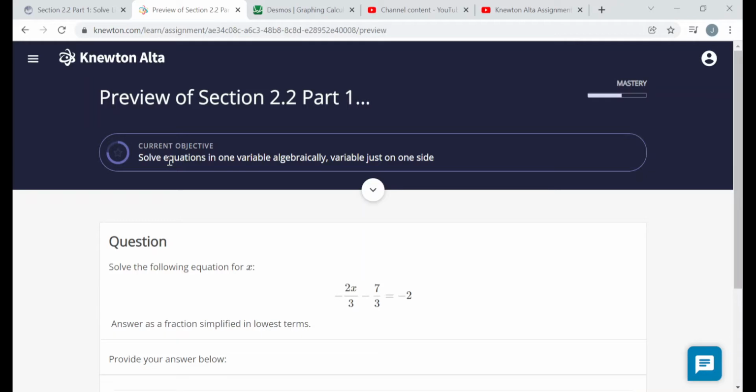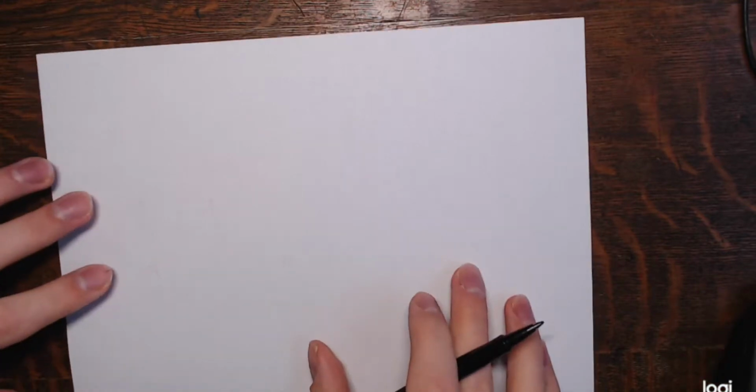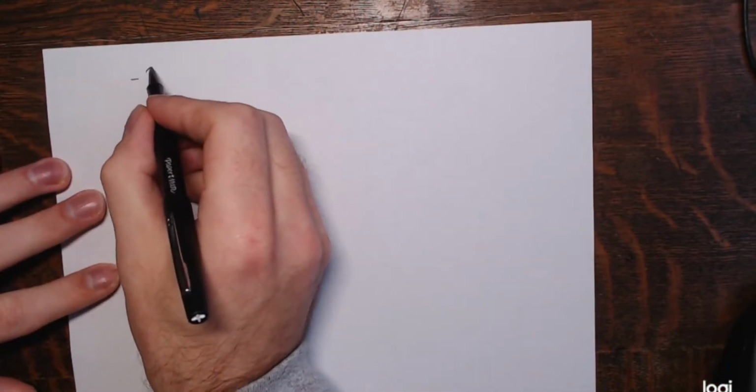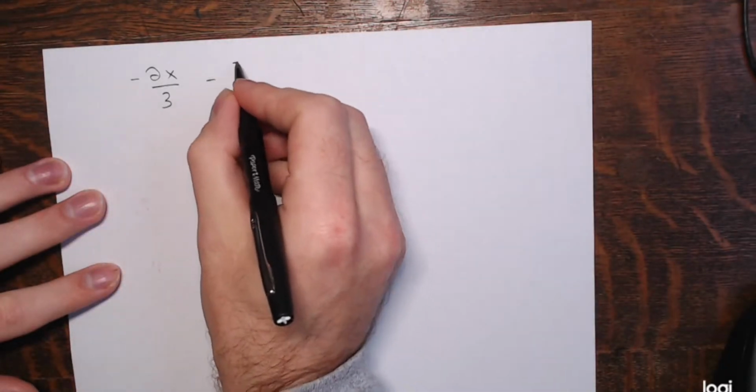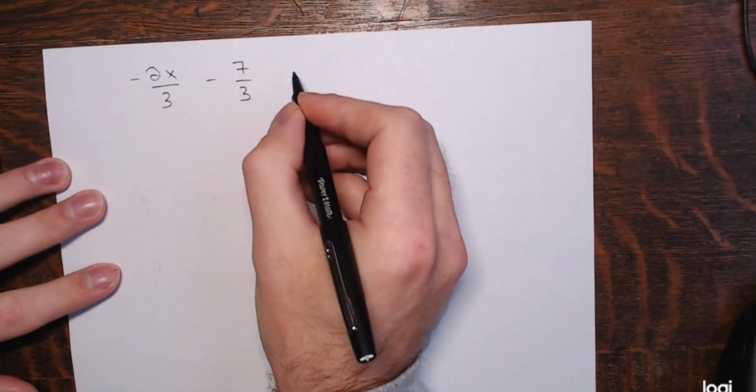Looks like we're still in this objective, another one with fractions. I'll write this out on paper and solve it. So -2/3 x, or 2x over 3, same thing, minus 7/3 equals -2.